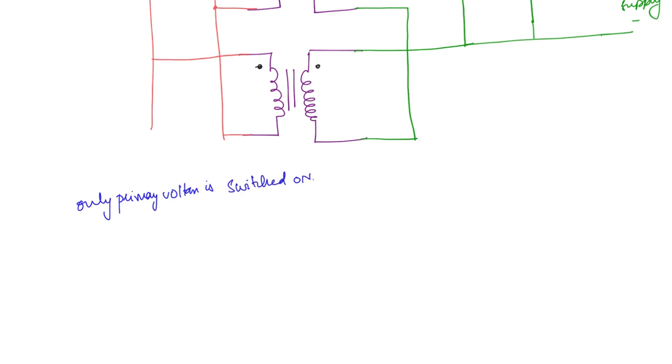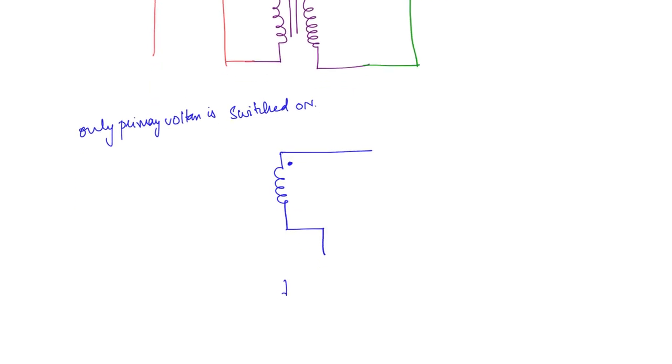Then on the secondary side, what will happen to the connections? This is the positive polarity, and here the second transformer, the positive polarity is here. This is going to be connected like this. Now these are both shorted because the secondary side voltage is assumed to be switched off, that means shorted.